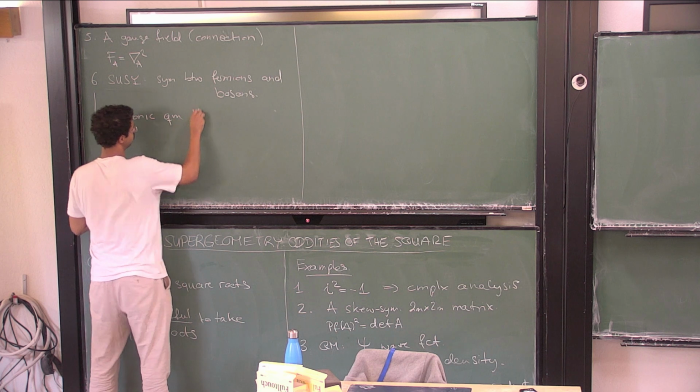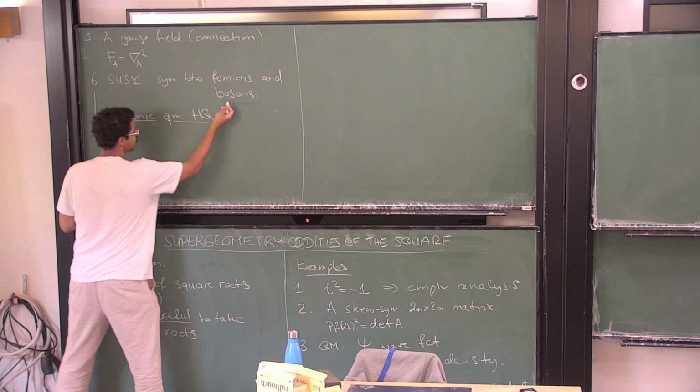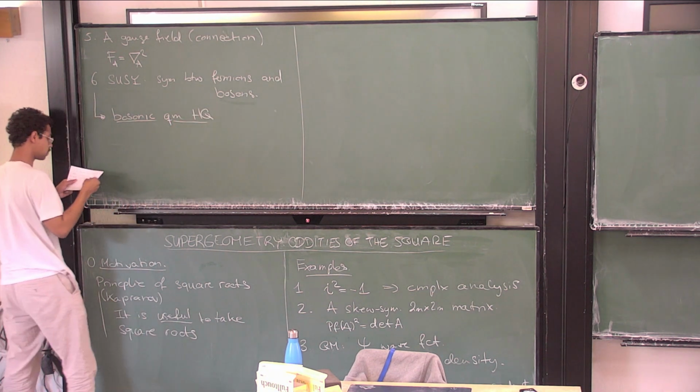Say, the quantum harmonic oscillator. We are first going to check the bosonic case. What do we mean by that?